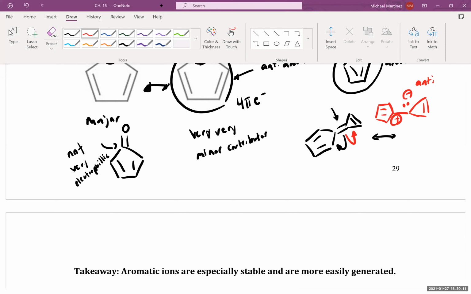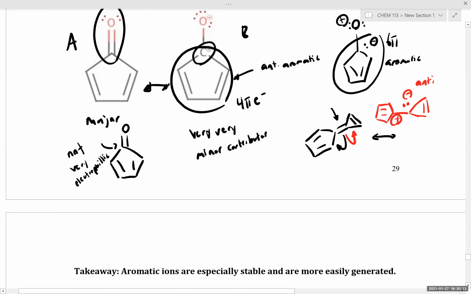So if we pushed our electron density in this double bond to the left, we'd end up with the following structure. And in this case, both of our ring systems are aromatic.